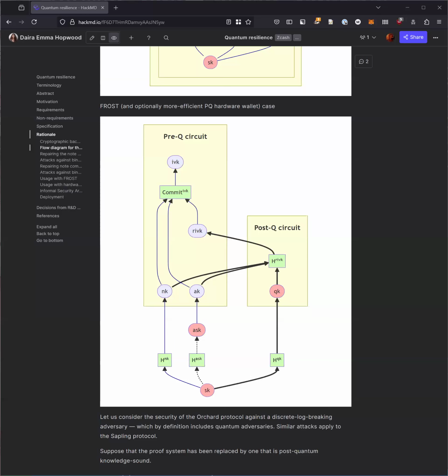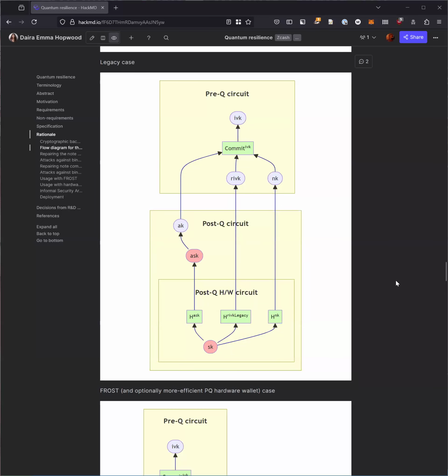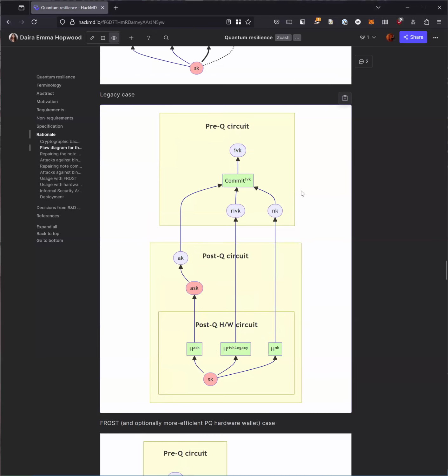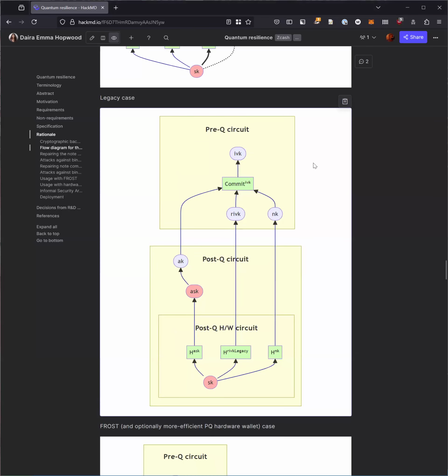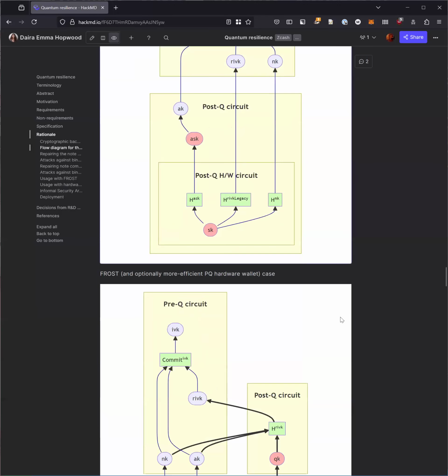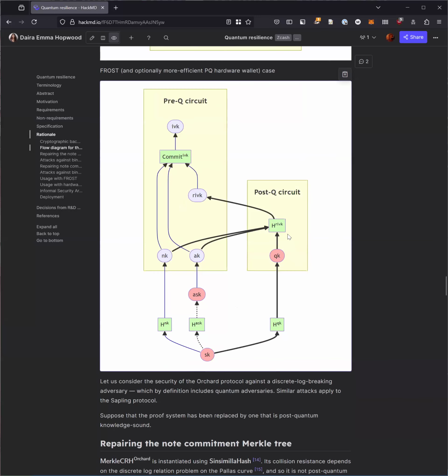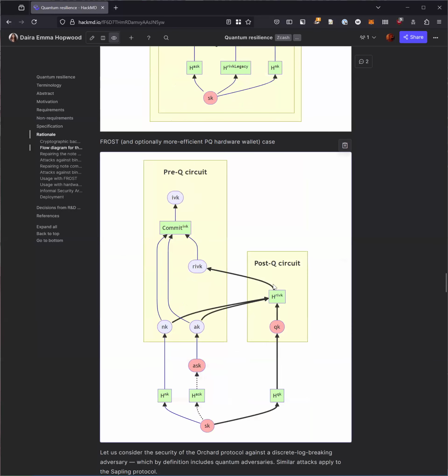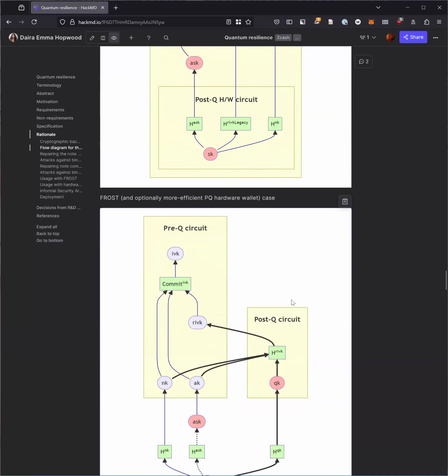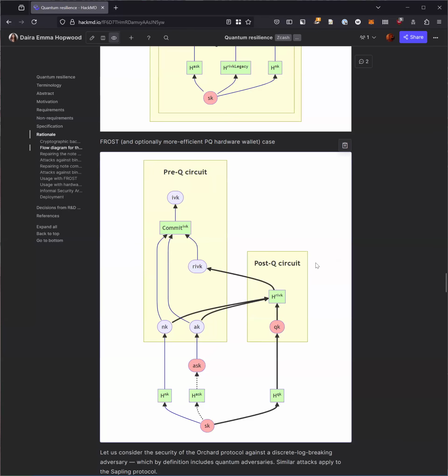That rolls into the same problem as we have with Sapling, basically, and to some extent here. The problem with the legacy case here is that the only problem is efficiency for hardware wallets. In the hardware wallet case, these are fixed lines, and the only difference between these two is reducing the number of hashes you need to do inside the circuit for the efficient hardware wallet.